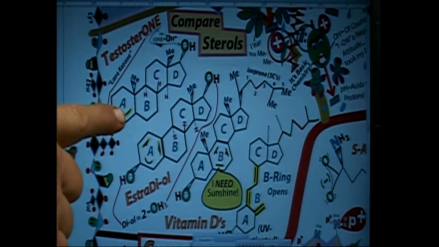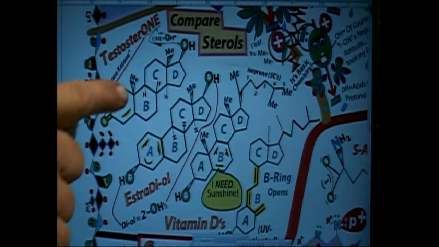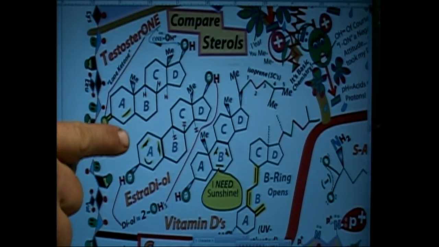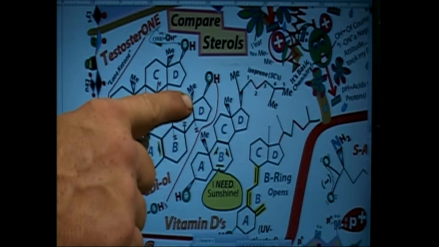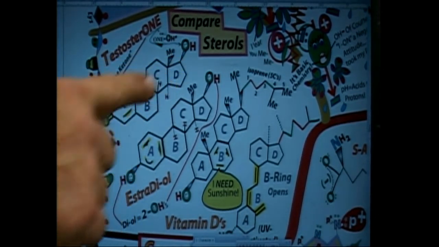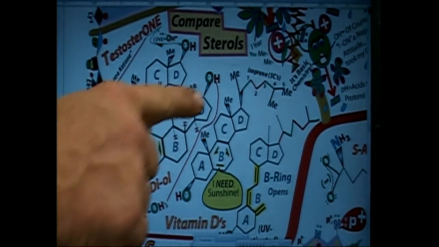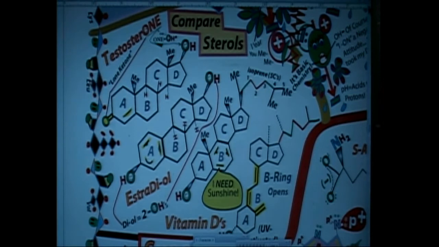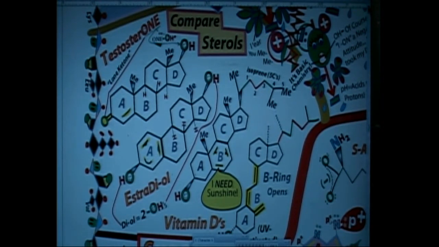This only has a single double bond. This has a methyl here, no methyl on that. This has a methyl up there, so that's the same. So you can compare the rings. A lot of similarities between estradiol and testosterone, huh?